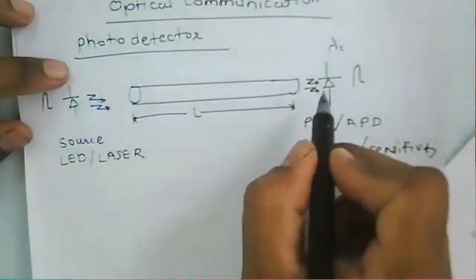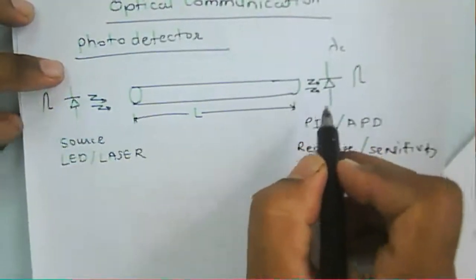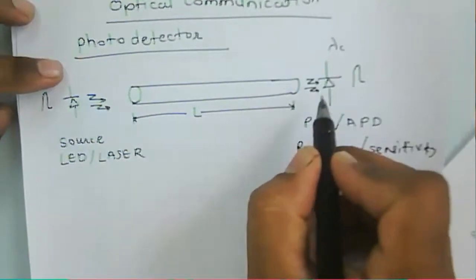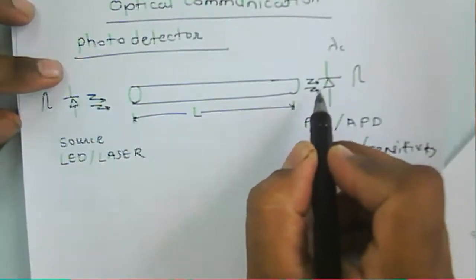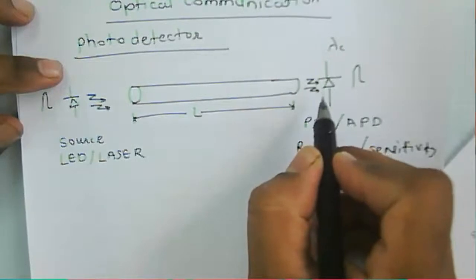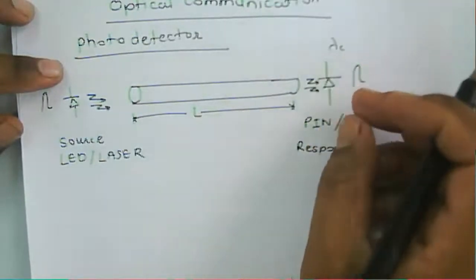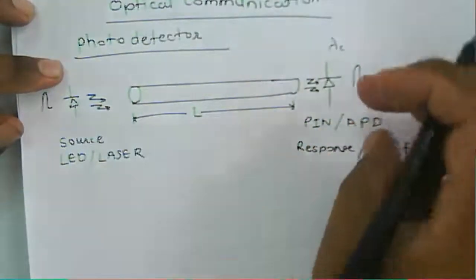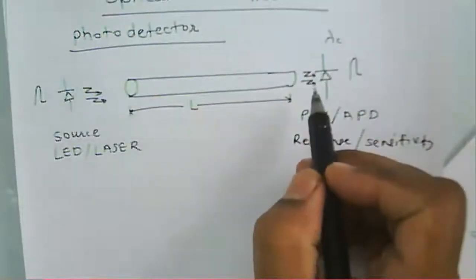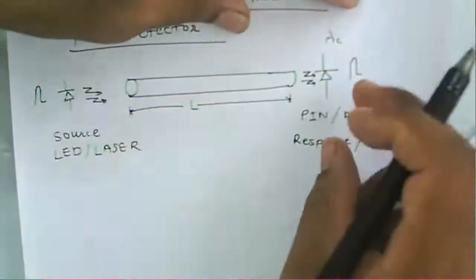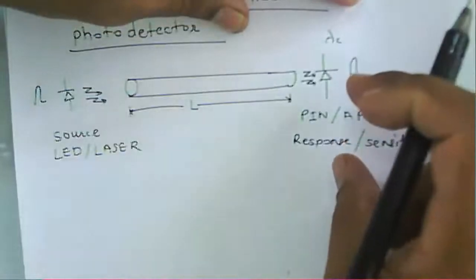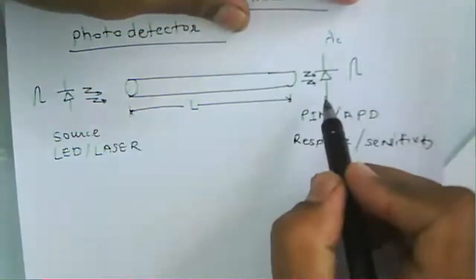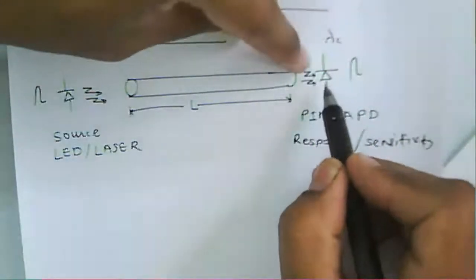The detector will respond to very low light. In addition to that, even if some noise is there, or maybe a temperature variation in the detector, the detector should respond only to the current pulse.